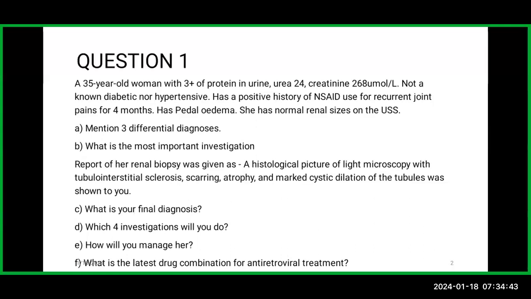Interstitial nephritis is more likely to have hematuria, proteinuria at times, or leukocyturia, than a large quantity of protein in the urine, for interstitial or tubulointerstitial disease.